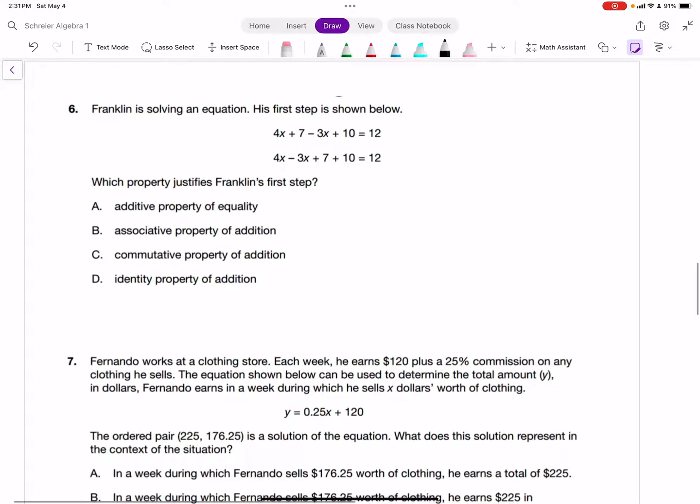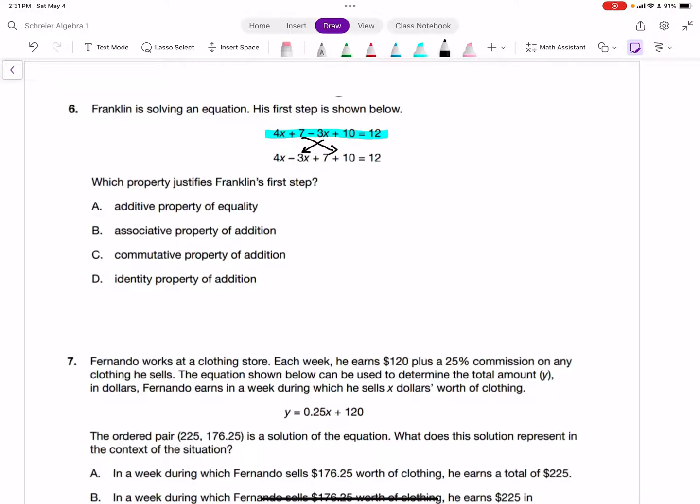Number 6, we have Franklin, and he is solving an equation, and his first step is shown below. So when we look at the first equation, and then we look at the second equation, you can see that the negative 3x has moved over here next to the 4x, and this 7 has moved over here with the 10.